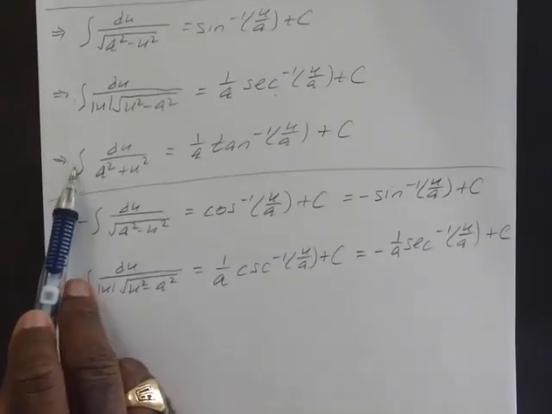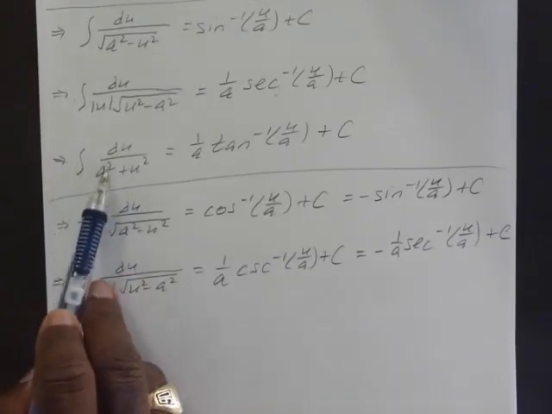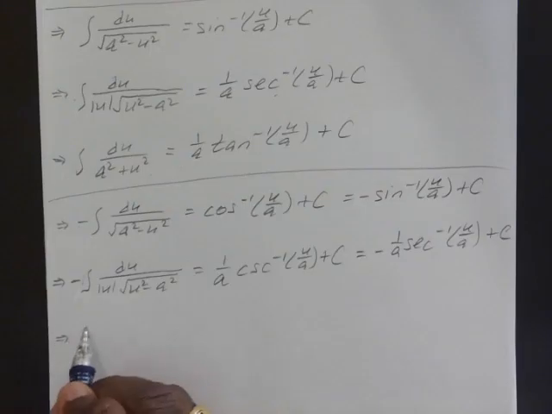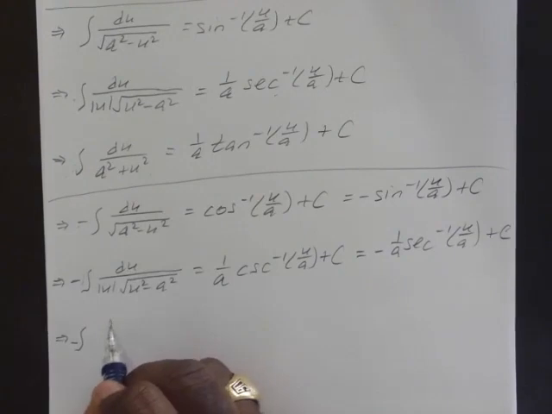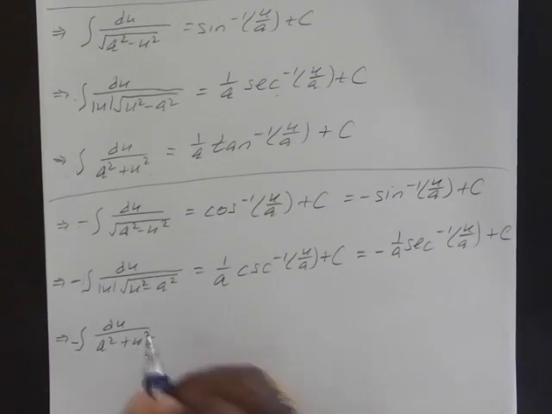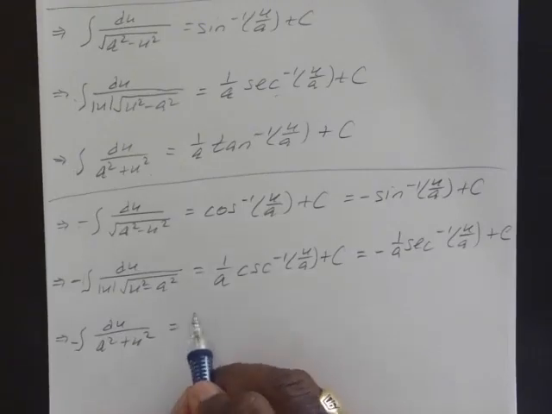Same thing if we put a negative on the integral of du over a squared plus u squared. We multiply both sides by negative 1. And that gives us the negative integral of du over a squared plus u squared, which is equal to 1 over a.